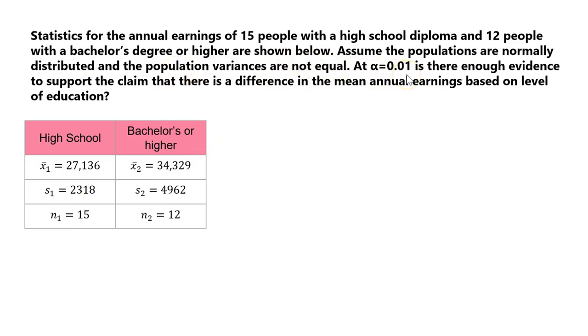At alpha equals 0.01, is there enough evidence to support the claim that there is a difference? Okay, so claim is that there is a difference. All right, so that would mean that mean 1 is not equal to mean 2. And then the opposite of that would be in my null that mean 1 is equal to mean 2.